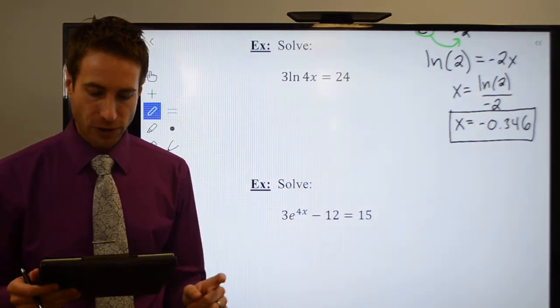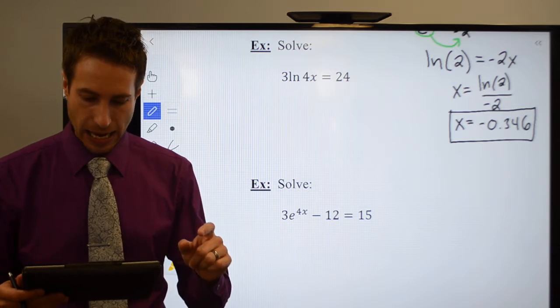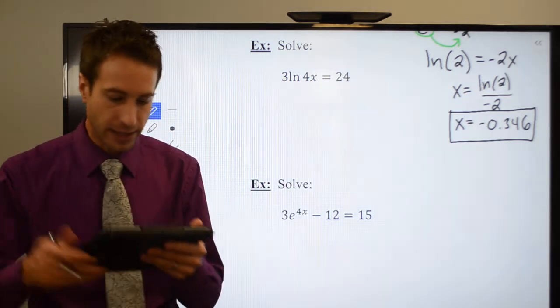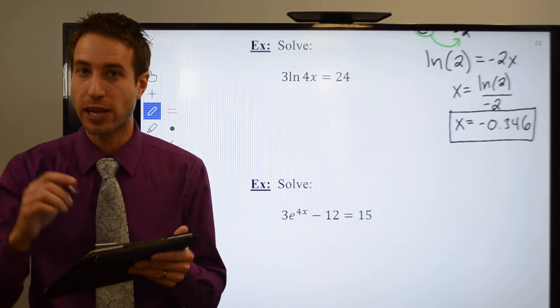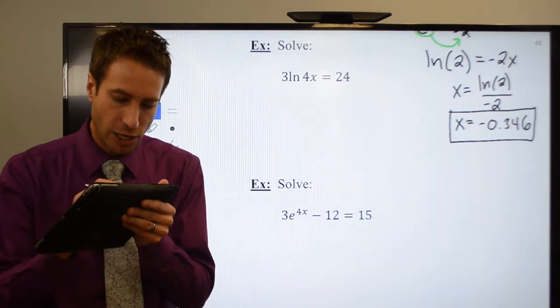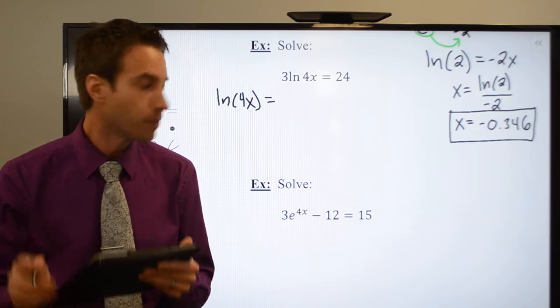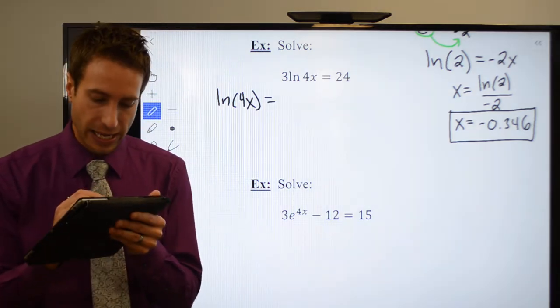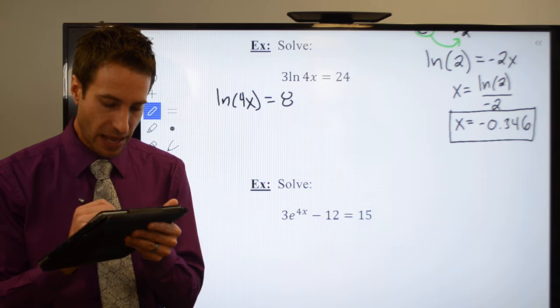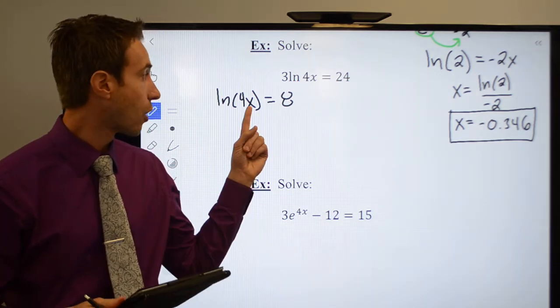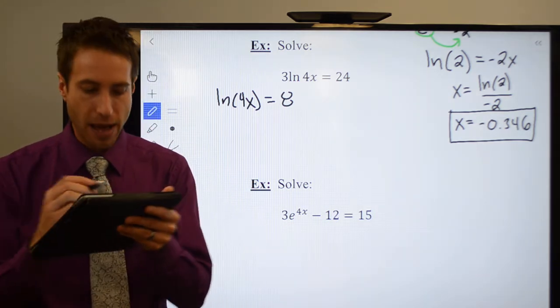Okay, the first thing I'm going to do is go ahead and move the 3 to the other side. Multiplication and division are taken care of first. So that's going to leave me with the ln of 4x is equal to 24 divided by 3, which is going to be 8. And then I'm trying to solve for x. So, snail method.